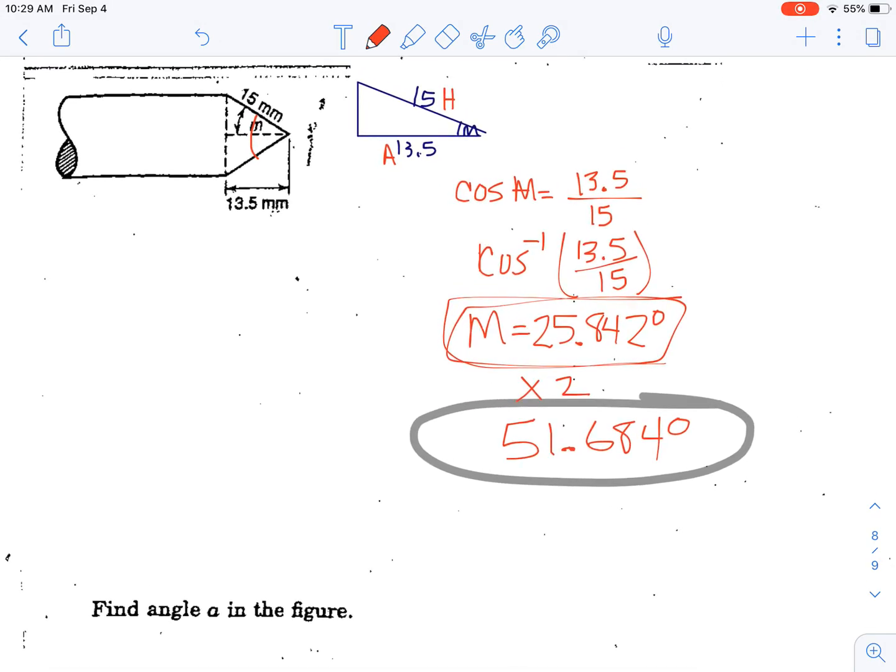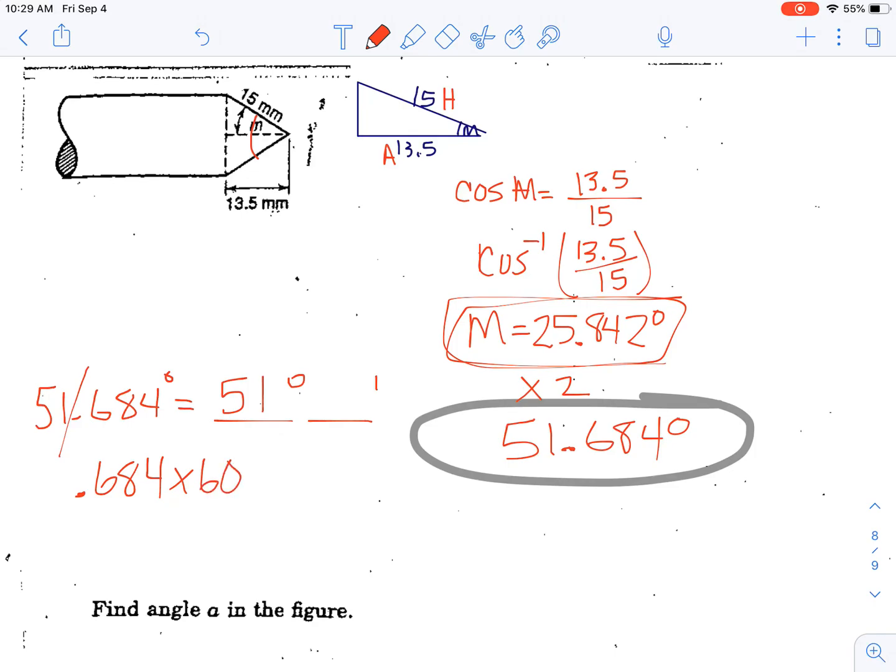We've got to remember, go back a couple lessons in your brain, how do you take this decimal and turn it into degrees and minutes? Remember, you chop off the 51 and you take just the decimal times 60. Do you remember doing that?